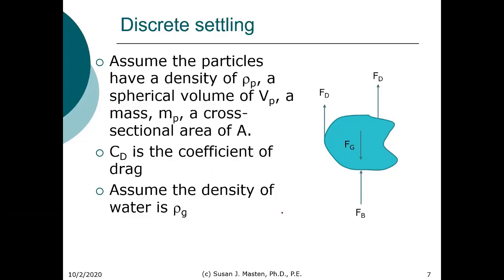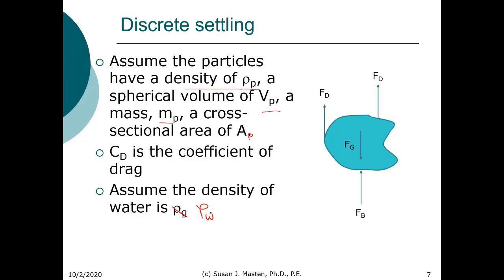As we look at this, we'll assume that particles have a density of rho p for particle, a spherical volume of V, a mass m, and a cross-sectional area, and I'll actually add the p there. So we'll need to look at the coefficient of drag, and we'll also need to consider the density of the water.